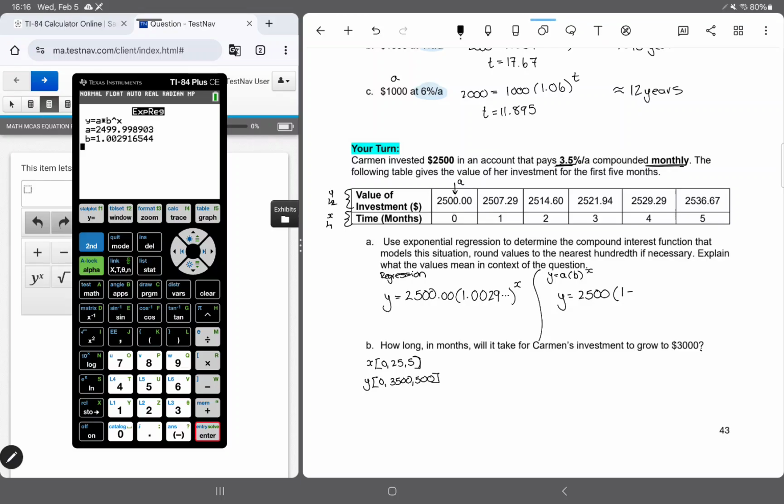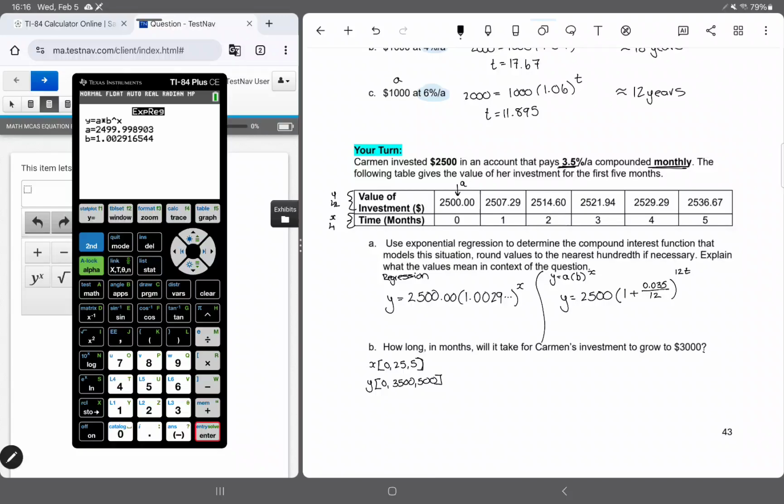Because we're appreciating, written as a decimal, compounded monthly. So there's a difference in our B values in these ones. It's because this is just x and then this is the 12x. Both of these equations will give you the same answer in part B.